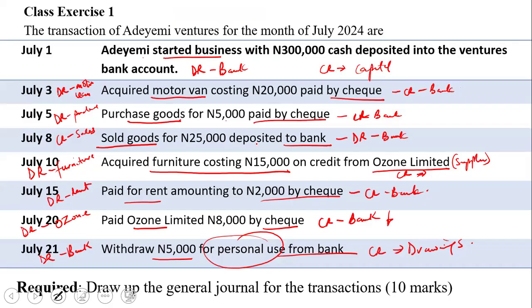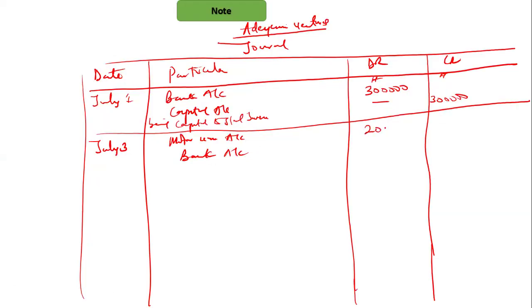What is the amount involved? 20,000. So what is that? Being motor van acquired.